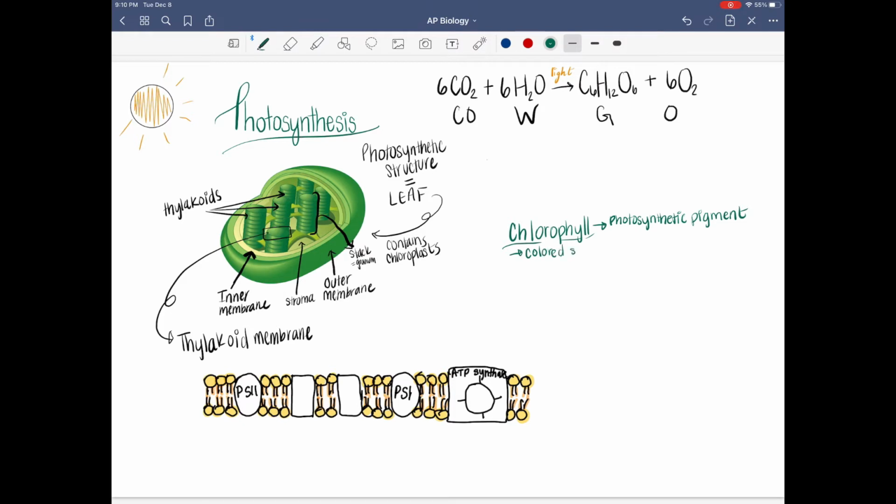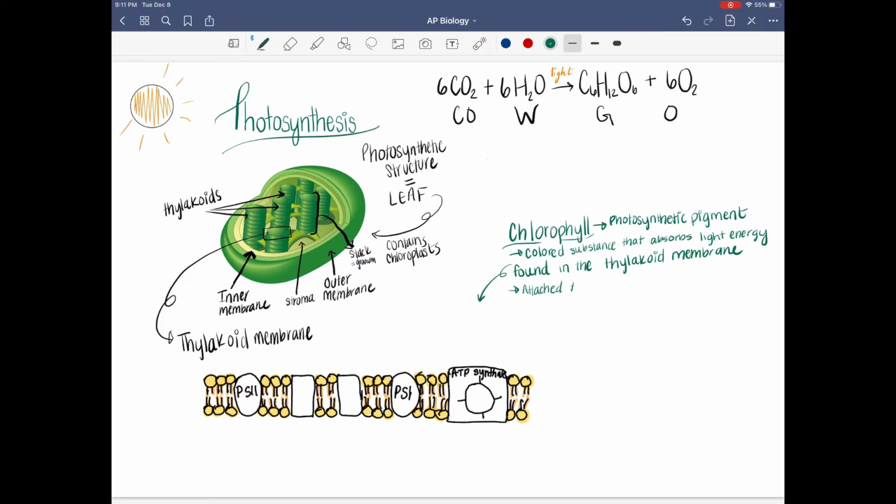This is the colored substance that's actually absorbing the light energy. It is a very big component of stage 1, and we will find chlorophyll in the thylakoid membrane as a part of the proteins.